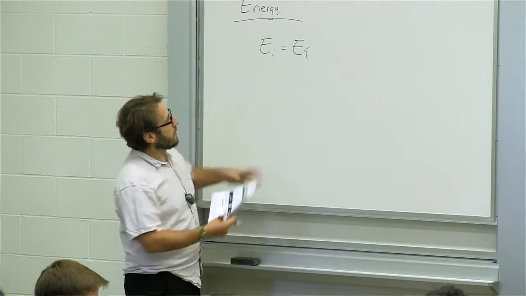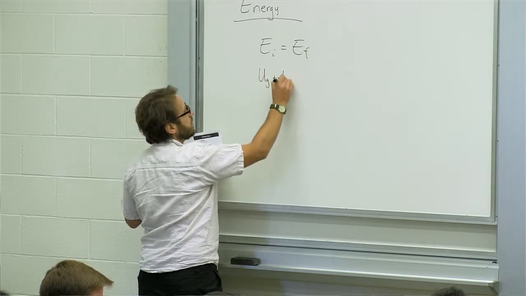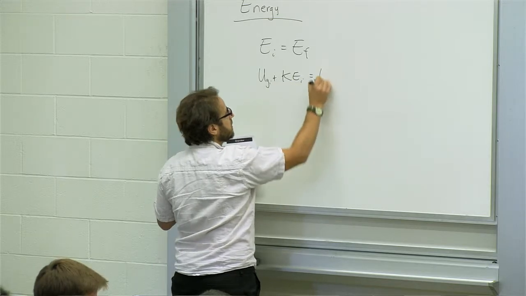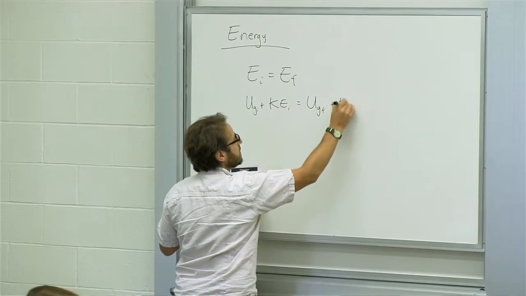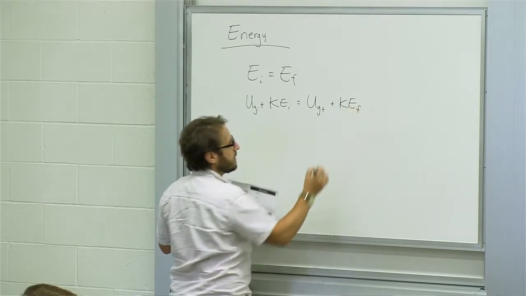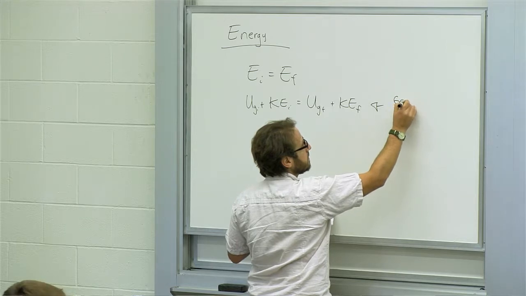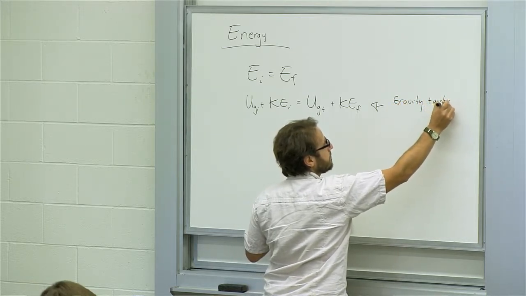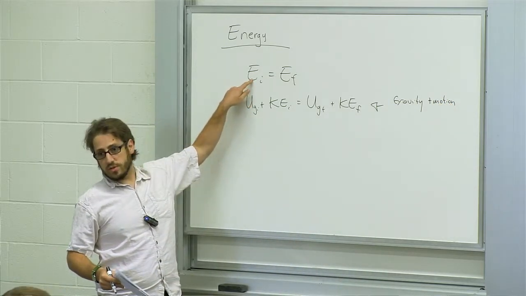Depending on how the problem is, you can write this as gravitational potential energy plus kinetic energy initial equals gravitational potential energy plus kinetic energy final, right? This is if you have a problem with only gravity and motion.